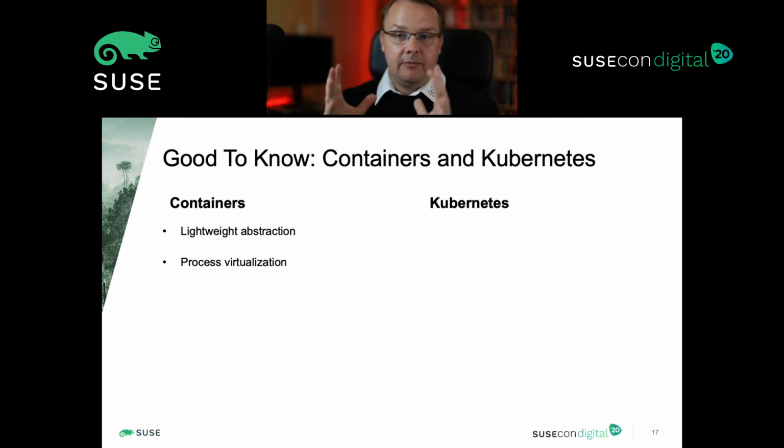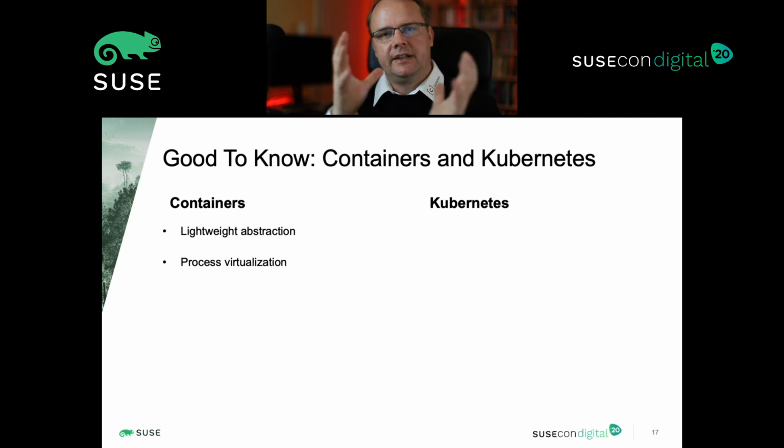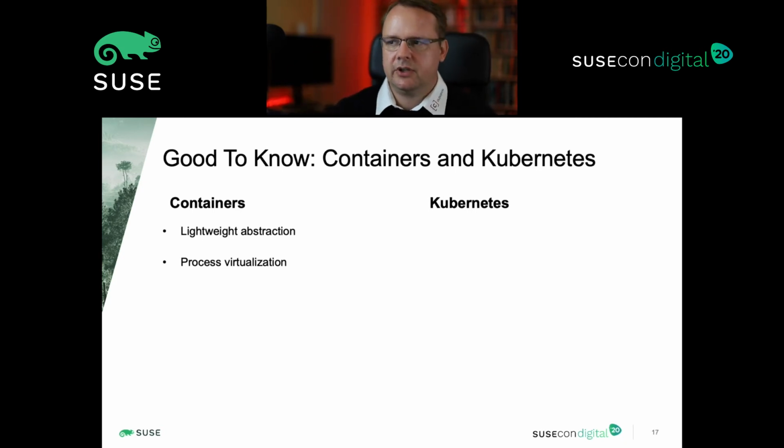So you are not emulating a whole computer, you are just starting an application on your computer. And that basically is the reason why containers, compared to virtual machines, provide less overhead. So you can utilize the available resources way better when working with containers.